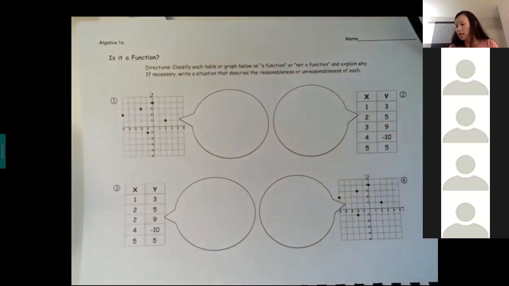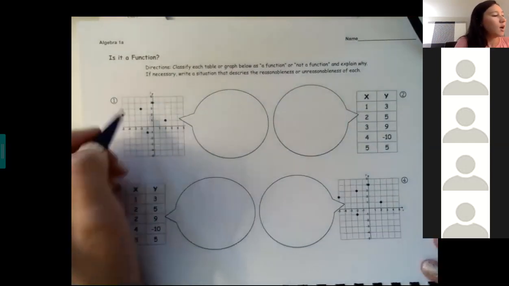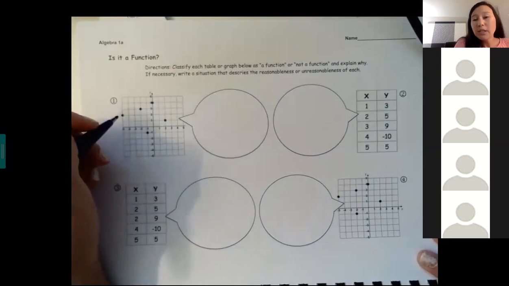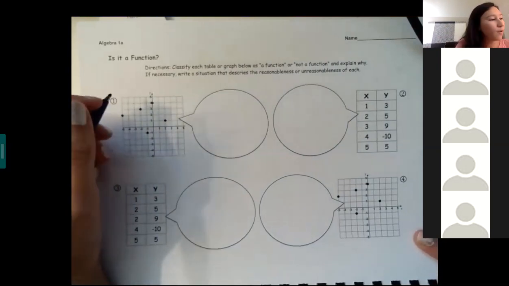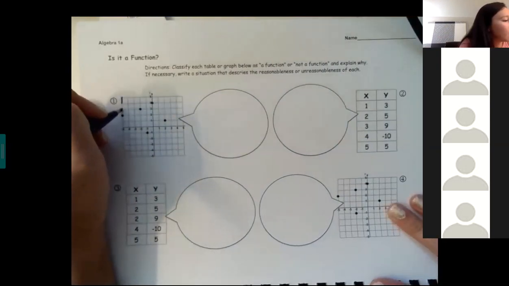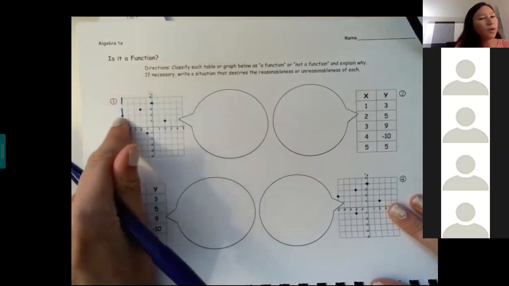All right, so we're gonna use those notes we just copied down and determine if these graphs and tables are a function or not a function and explain why. So let's use our vertical line test. If we have a graph, anywhere we draw a vertical line, it can only cross once.